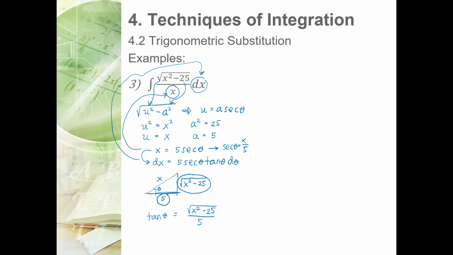Isolating the radical expression, we have 5 tangent theta is equal to the square root of x squared minus 25. So we can replace this one with 5 tangent theta. Every term in your equation can now be replaced with a certain theta function.